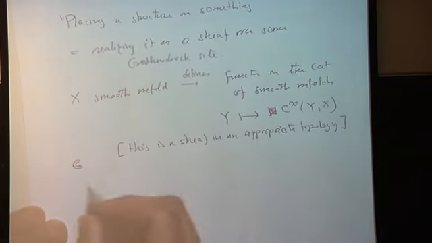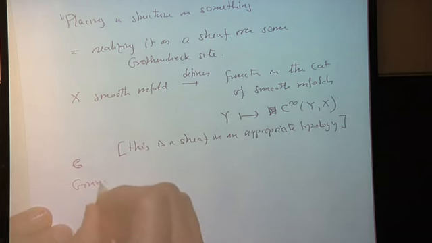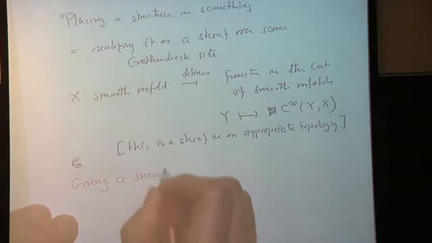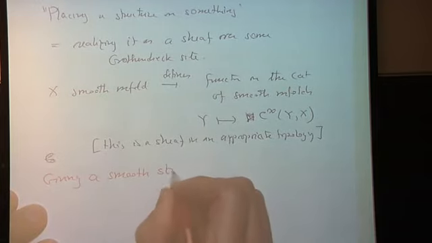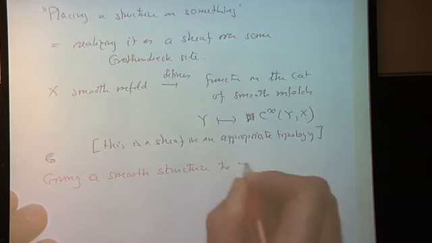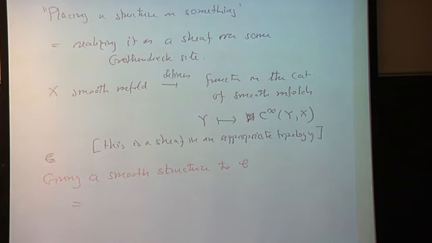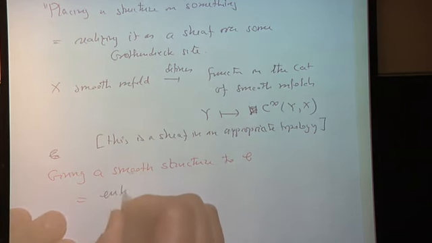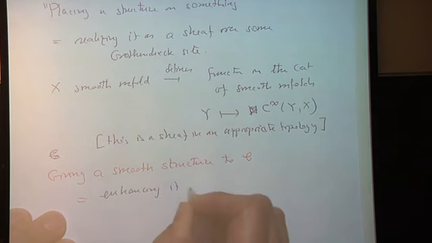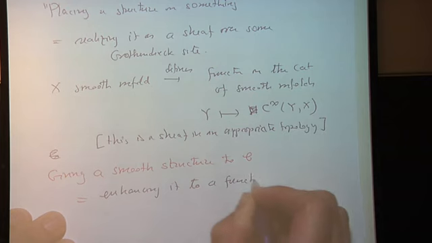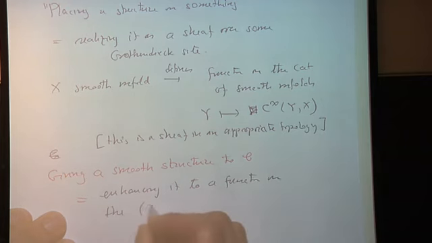But then that means that giving a smooth structure to a category C is the same as, well, a priori just a category in sets, and now you want to put a smooth structure, so you don't just want the category, you want to enhance it to a functor on the category of, say, smooth manifolds. So converting it or enhancing it to a functor on the Grothendieck site, actually.